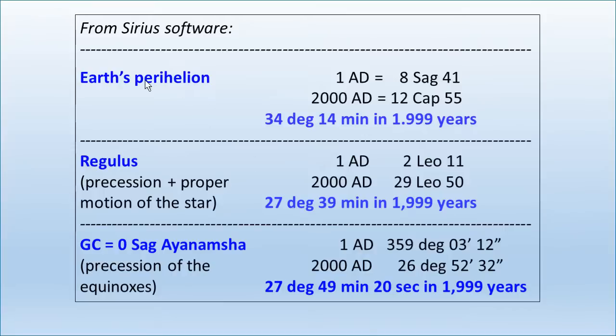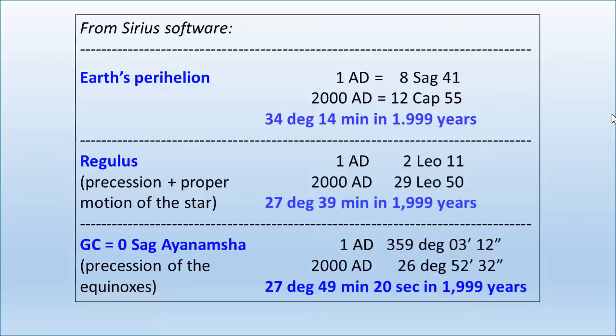You'll notice it. Now, the Earth's perihelion has moved a little over 34 degrees. So that ellipse, that egg shape of the Earth going around the sun, it's actually spinning. Over 2,000 years, it has spun almost 7 degrees, if you compare Regulus and the galactic center.